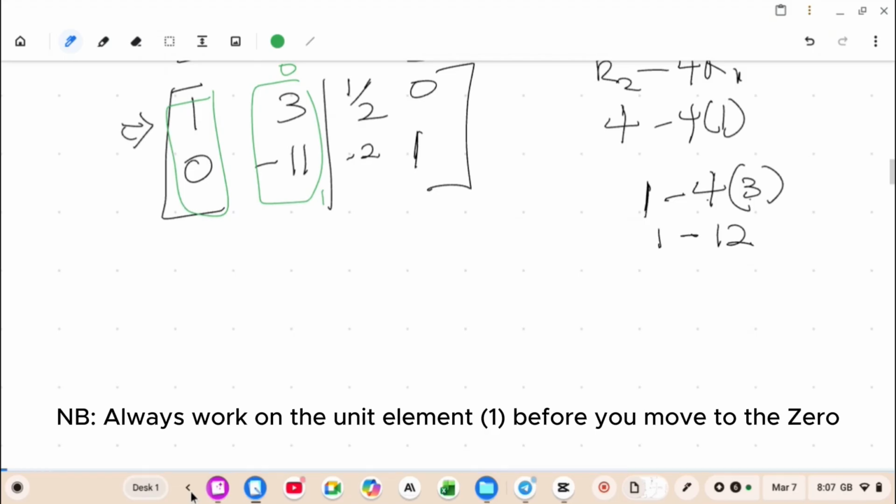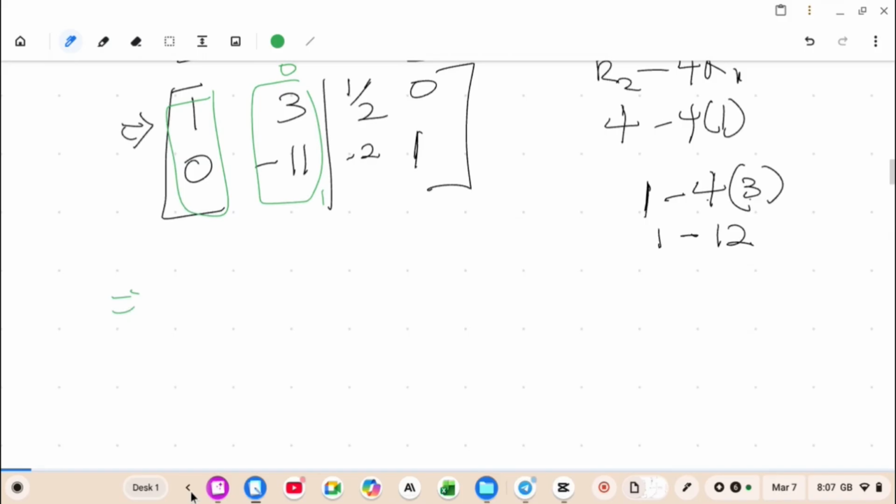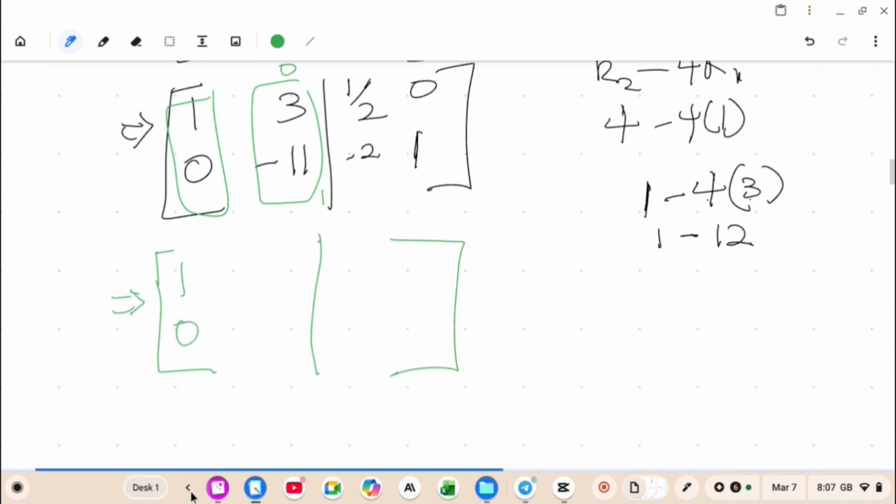So we have 1 here, 0 here, 3 here, because we are going to work on the negative 11, half here, and 0 here. So our question is, how can we turn negative 11 to be 1?